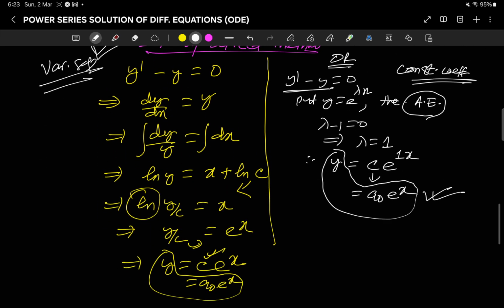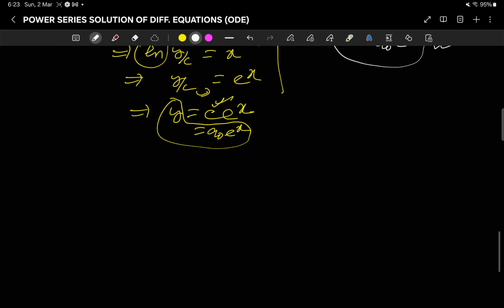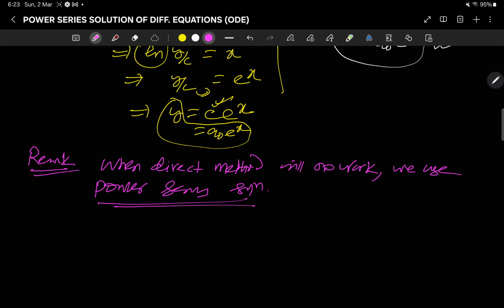The advantage is, when the direct method will not work, we use power series solution. So this is the advantage of using power series solutions in solving differential equations.